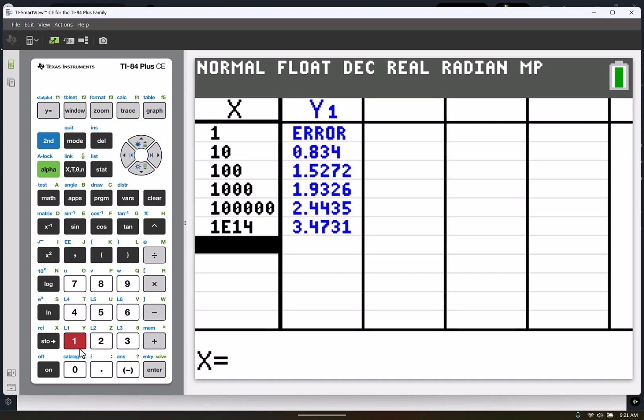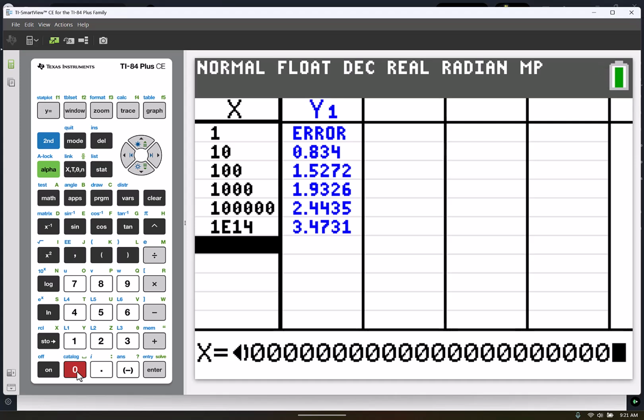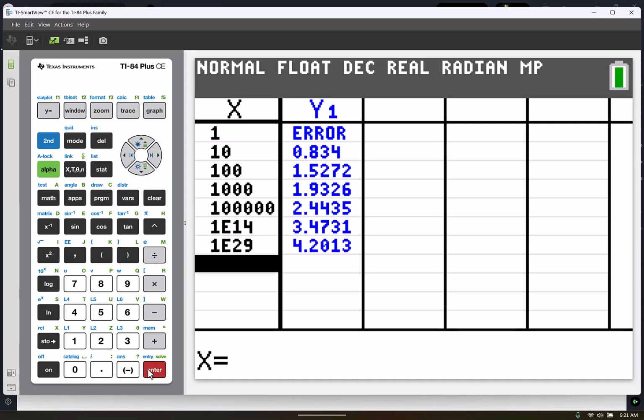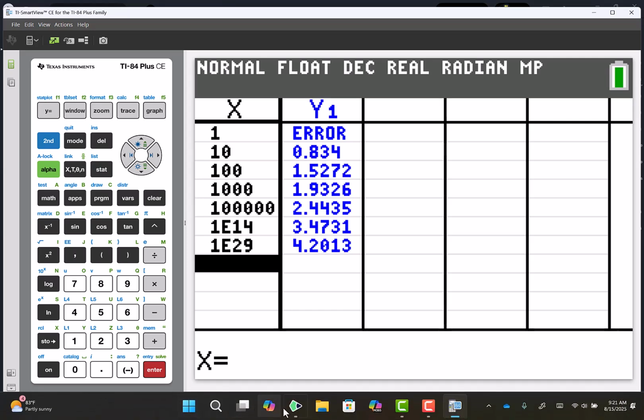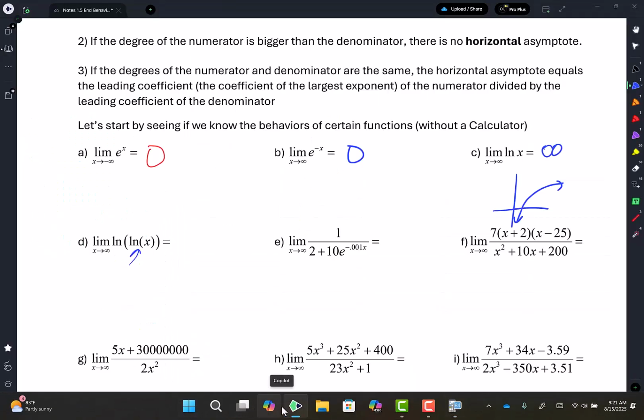Let's put a whole bunch of zeros until your heart is content. Look at that. It's still growing, just super slow because you have ln inside of an ln. Does that make sense, guys? So I know this is one of those trickery questions, but as x approaches infinity, this is going to be infinity. It's still growing.